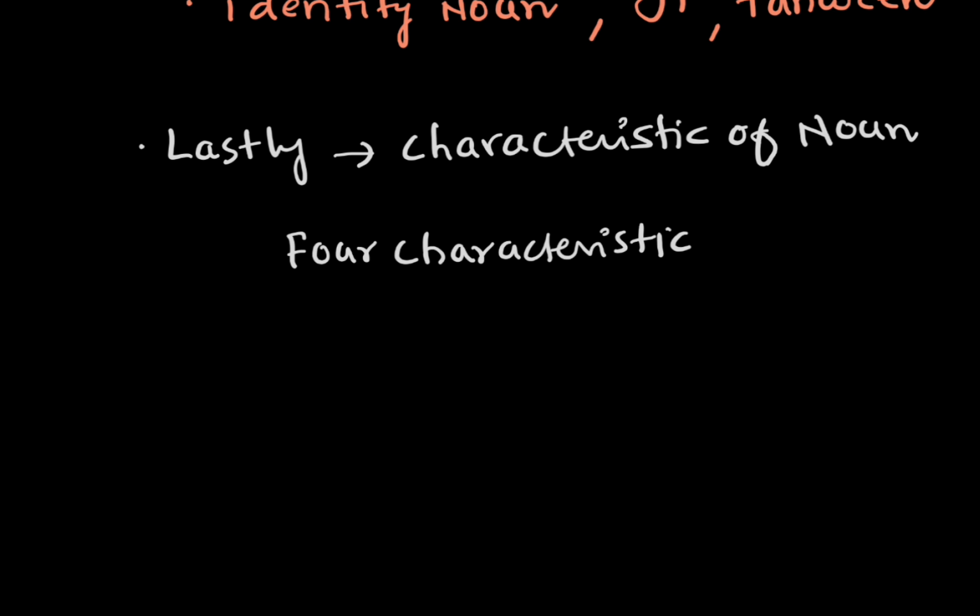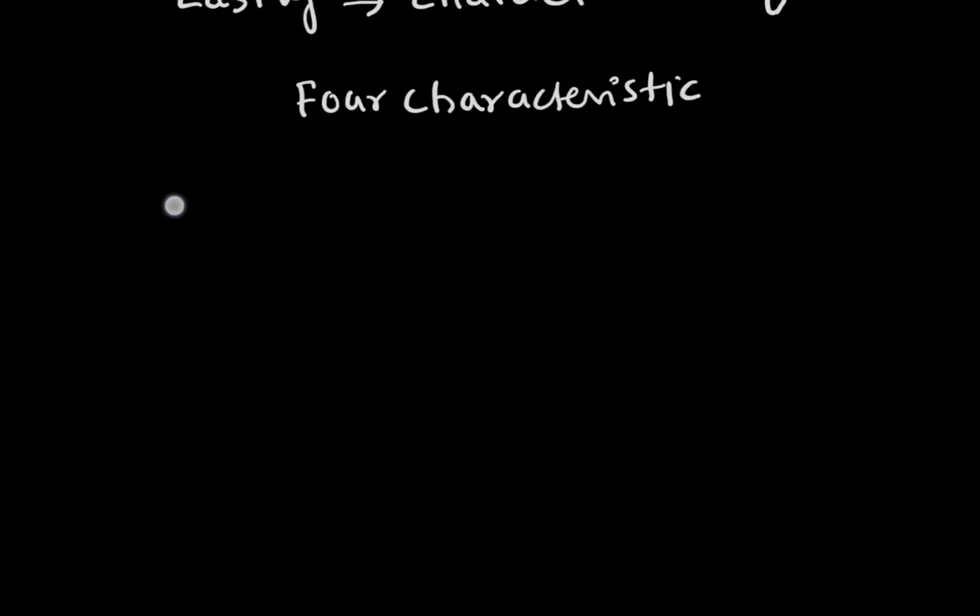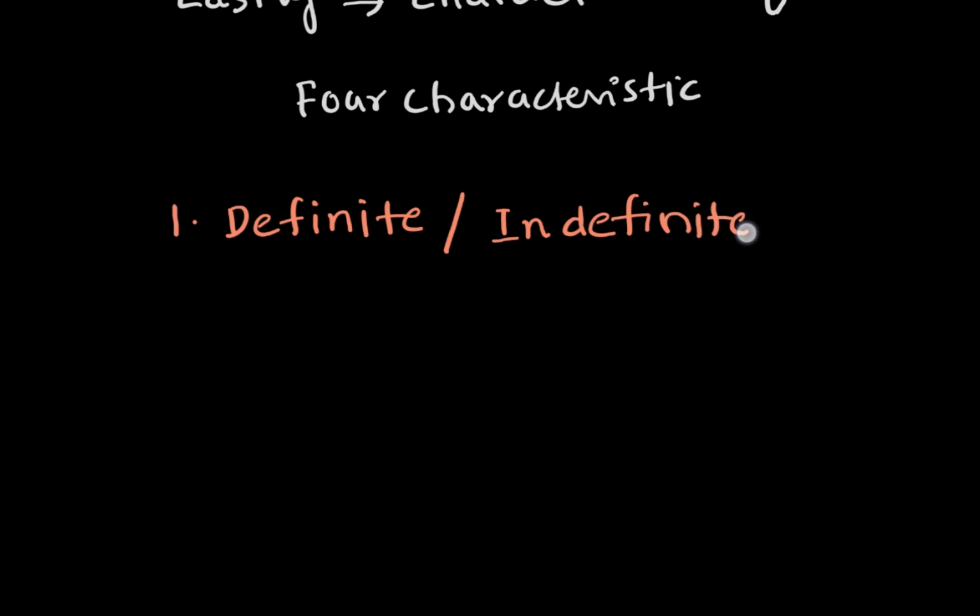What are the 4 characteristics of a noun? First one is definite or indefinite. The second characteristic of a noun is i'rab.